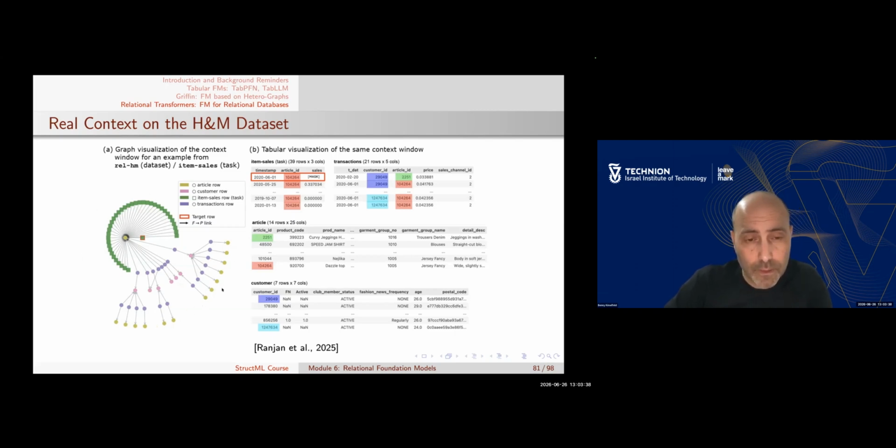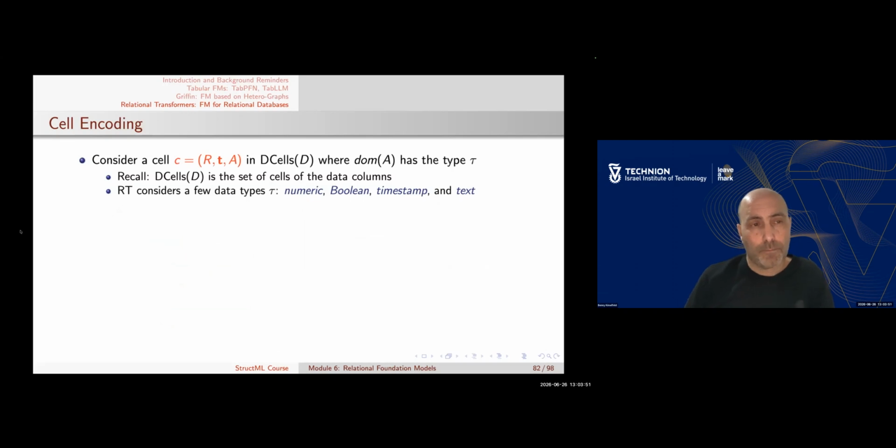So that's basically the real context that we have for a specific target element.